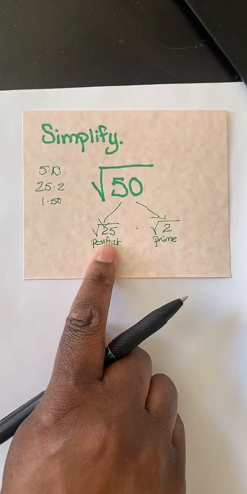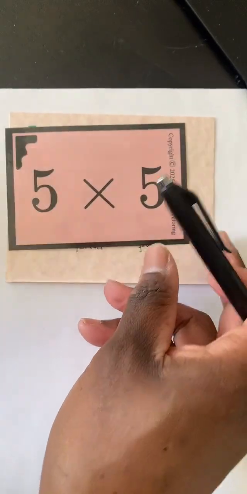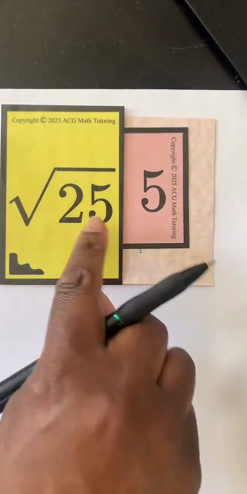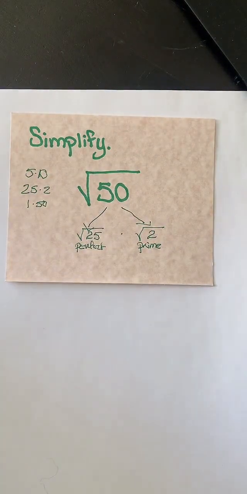The reason why the square root of 25 is perfect is because I know that 5 times 5 will give me 25. And if I wanted the square root of 25, it's going to equal my 5. So that is a perfect combo.